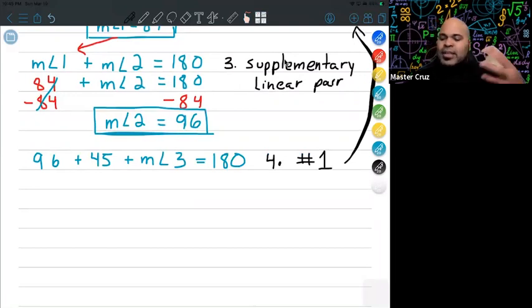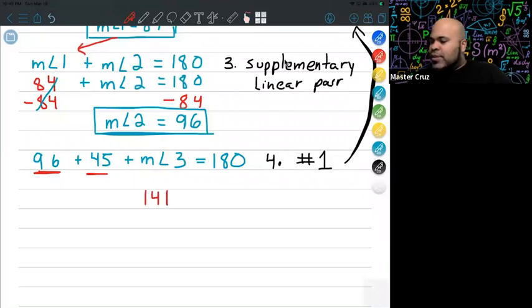It's because that's the sum of all the angles inside of a triangle. So we can combine like terms. We're going to combine 96 with 45. And 96 plus 45 is 141. So the measurement of angle 3 plus 141 has to equal 180.